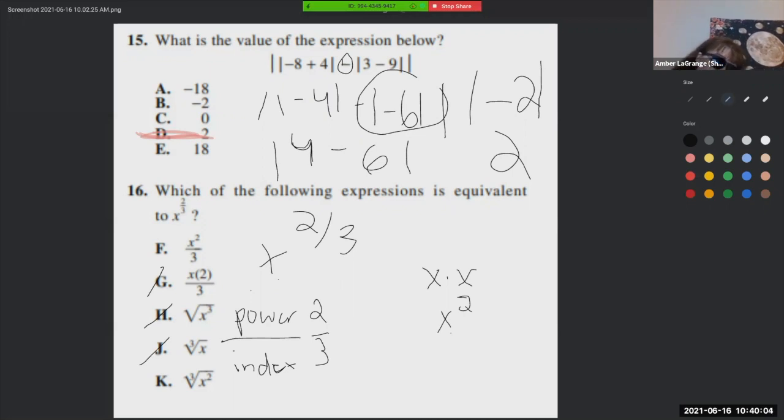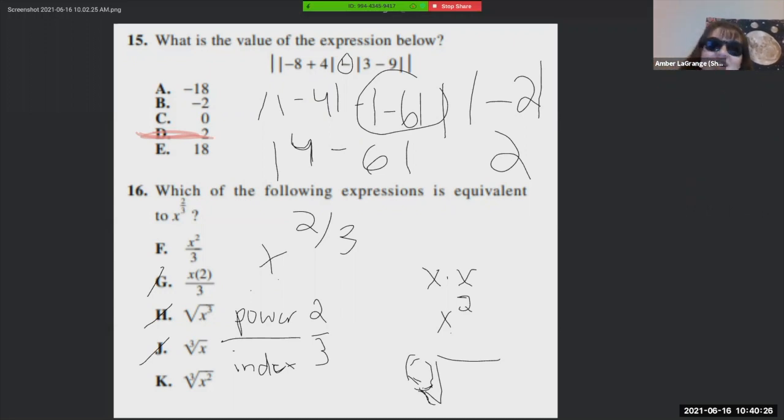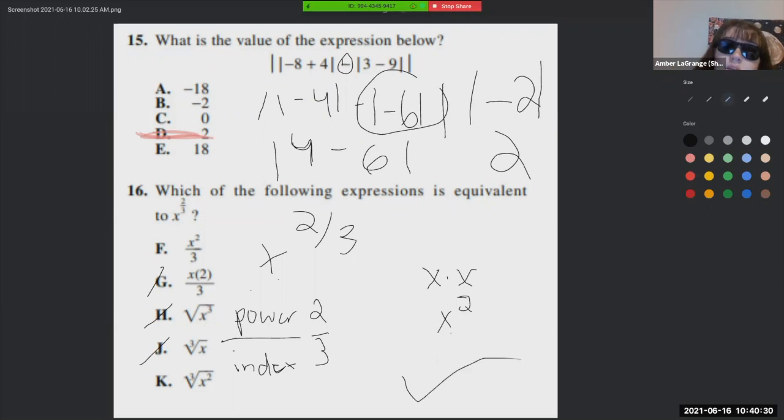That brings us to the next question. What is an index? The index is what we are taking the root of. We all know that this is a square root, but we've probably seen where there will be a number right here, and that's the index.